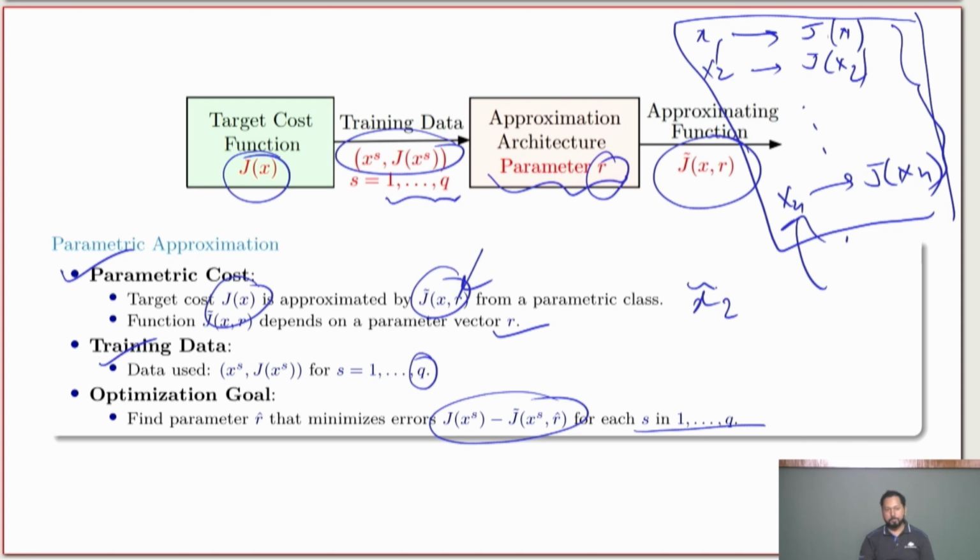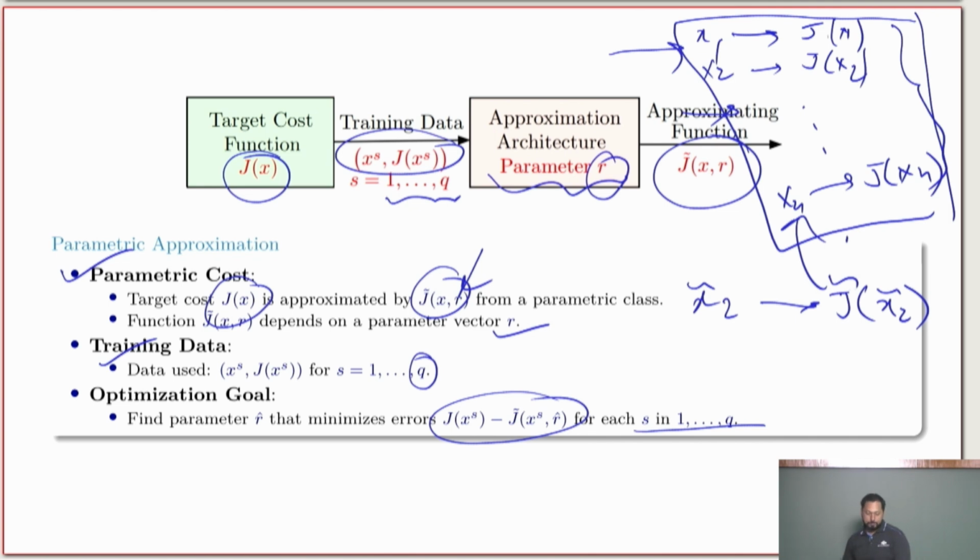Okay, so that's where this prediction function will help, where it will help you to cheaply predict the cost for this x2 tilde, which you may not have seen during training. But this x2 tilde may be very close to something it has seen in the training data, and it will interpolate and give you some approximation. So that's the whole idea about cost approximations, cost function approximation.